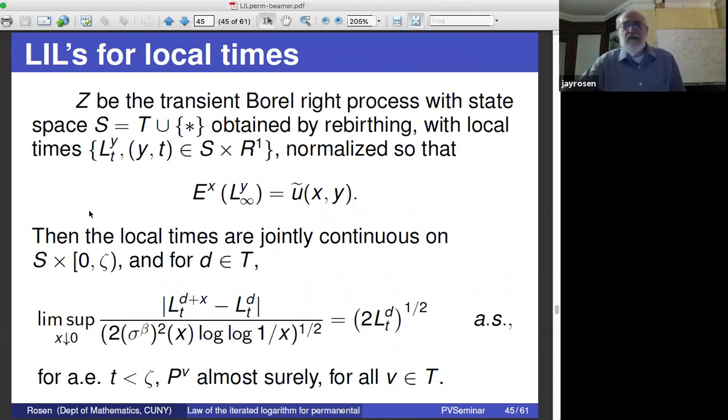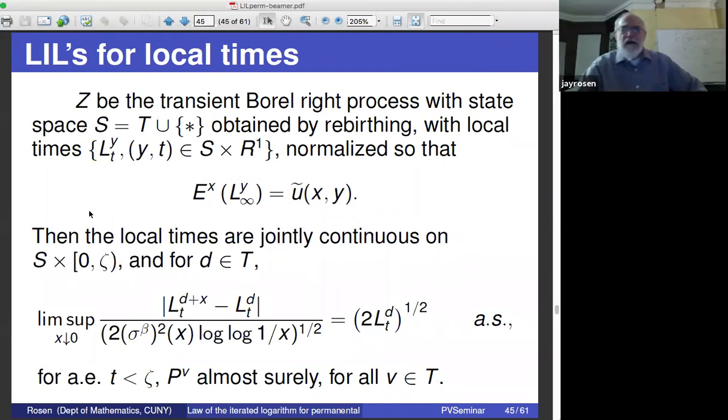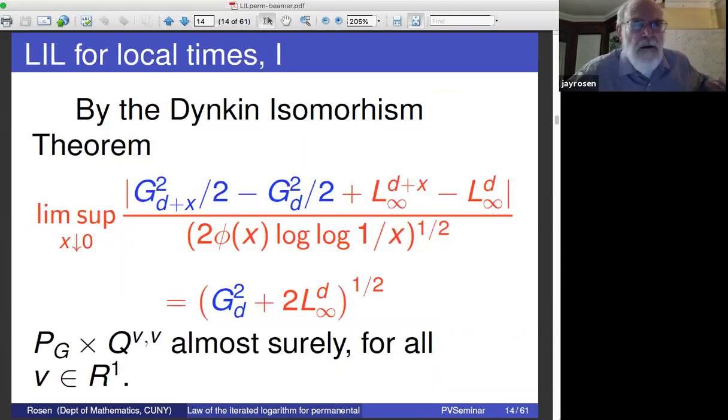So just as we saw for the symmetric case, if using the new isomorphism theorem of Eisenbaum and Kaspi, we can show that if the permanental process has a law of the iterated logarithm, then the local times of that process will also have this type of LIL. Now, if you remember, if I can go back to page 14, let's see. Does that work? Yeah.